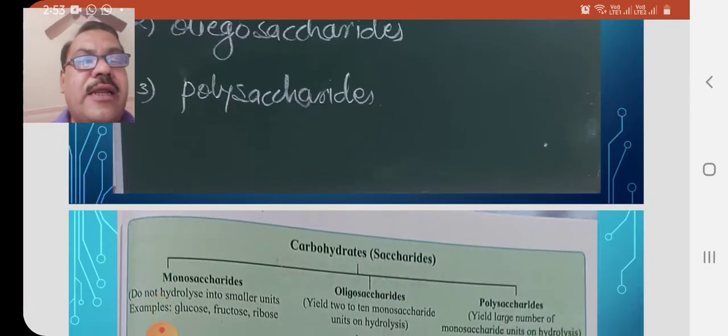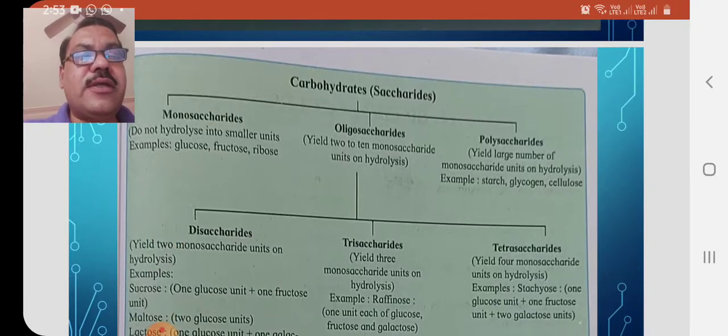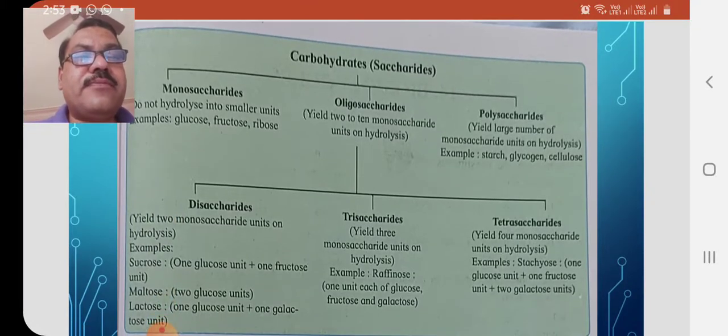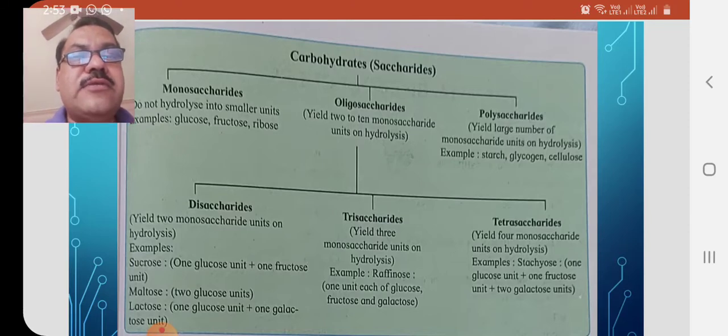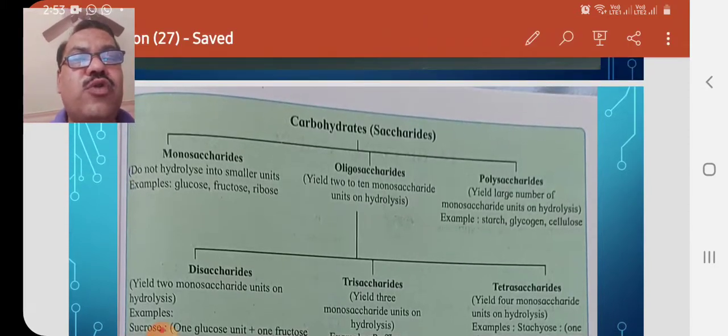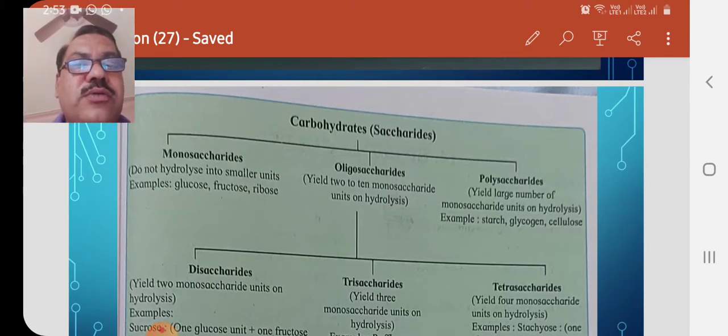The detailed classification is shown in this tree diagram. Carbohydrates or saccharides are classified into, first, monosaccharides, which do not hydrolyze into smaller units. Examples are glucose, fructose, ribose, etc. Oligosaccharides are the compounds which give 2 to 10 monosaccharide units on hydrolysis.